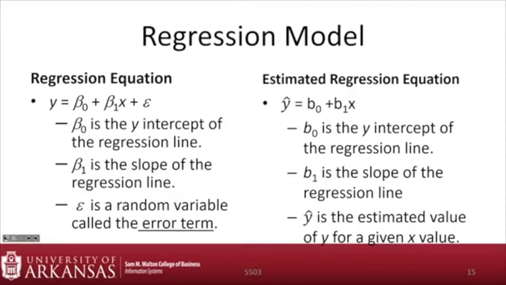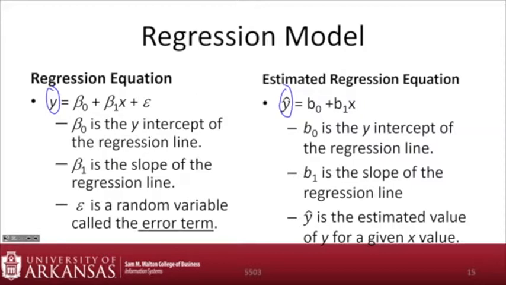Yes, it's a good thing to know for quizzes and tests, which one is the actual model regression equation and which one is your estimated regression equation. The other tip: this one is a y and this one is a y hat. That hat makes it a prediction.